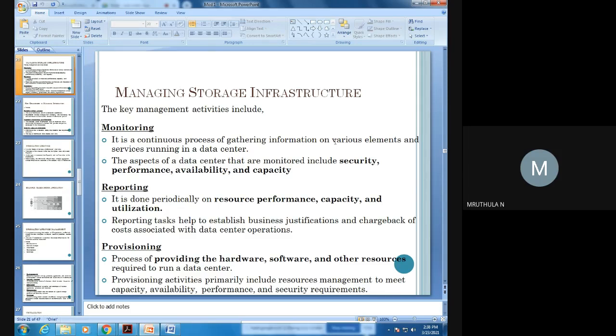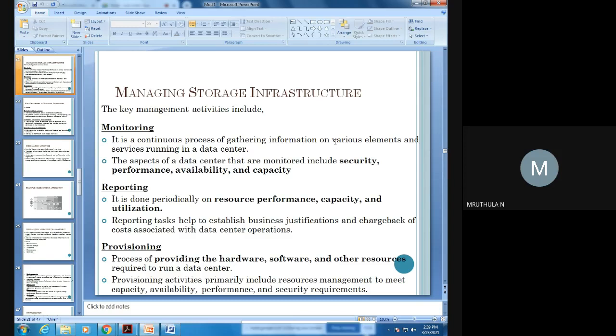Reporting is done periodically on resource performance, capacity, and utilization. Reporting tasks help to establish business justifications and chargeback of costs associated with data center operations. Then provisioning. Provisioning is the process of providing the hardware, software, and other resources required to run a data center. These provisioning activities include capacity planning and resource planning.